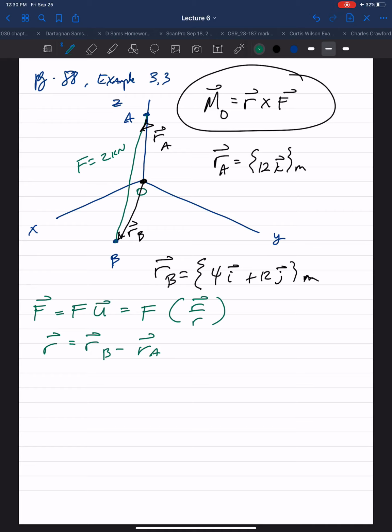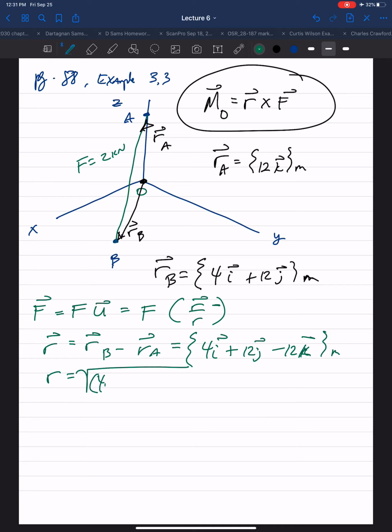So R is R_B coordinates minus R_A. So that's 4I plus 12J minus 12K, because it's minus R_A. This is in meters. But here is the position vector R over the magnitude, and we know the magnitude is just the square root of the sum of the squares of each component.